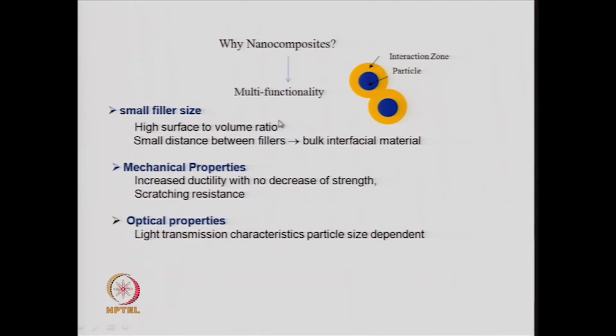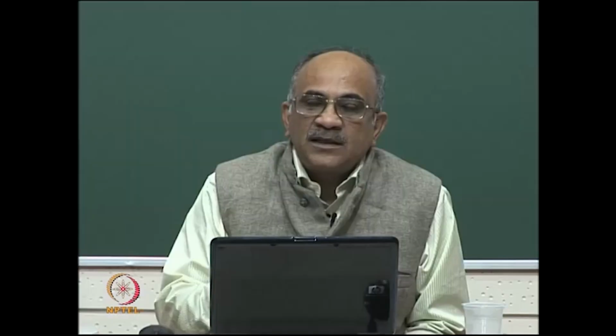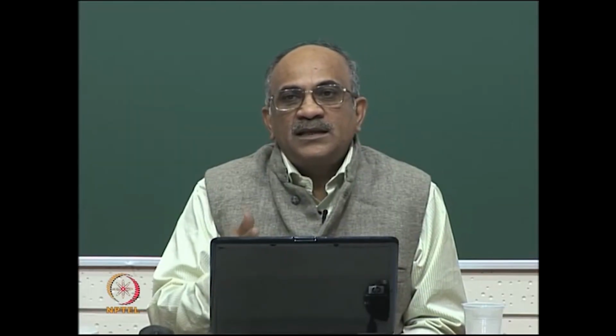Now we summarize why we need nanocomposites. As we discussed, you need two or more properties in the same material. So, you need multifunctional materials. When you mix two materials, the two materials bring their own properties and the composite has two functions.